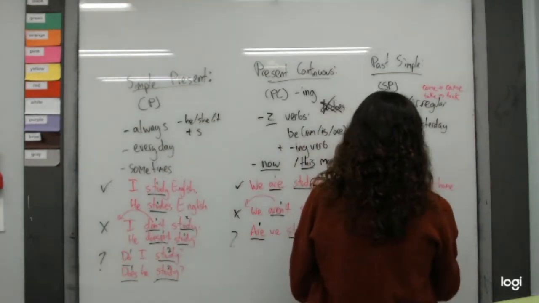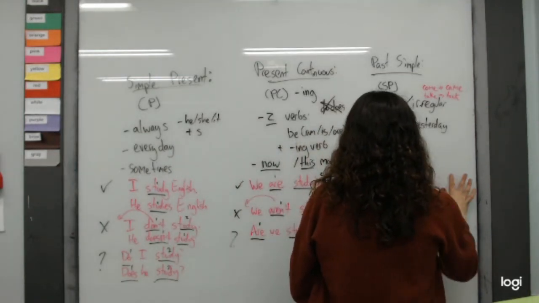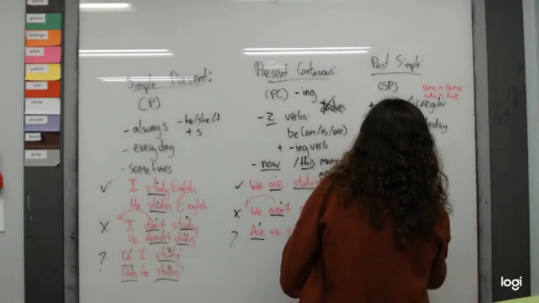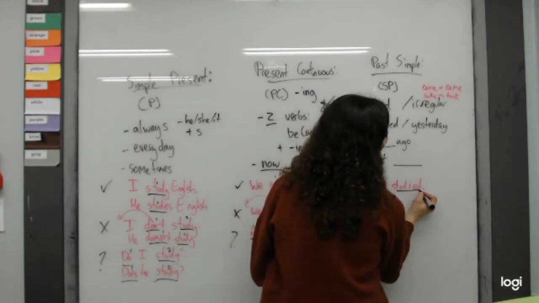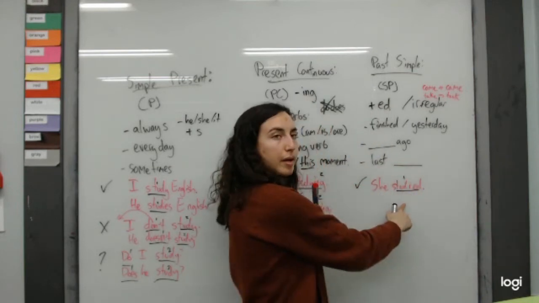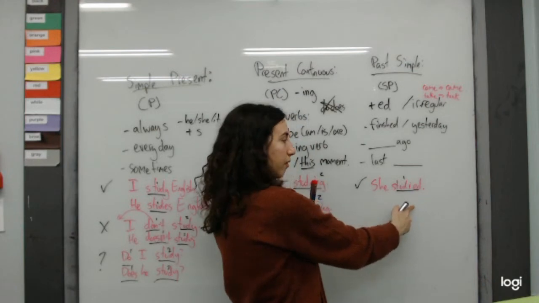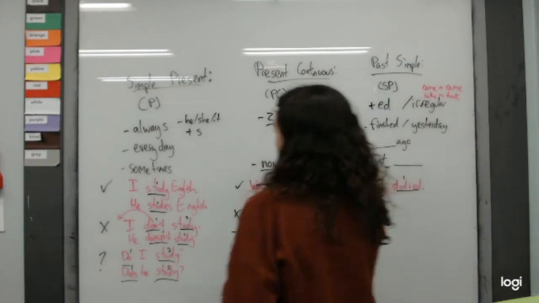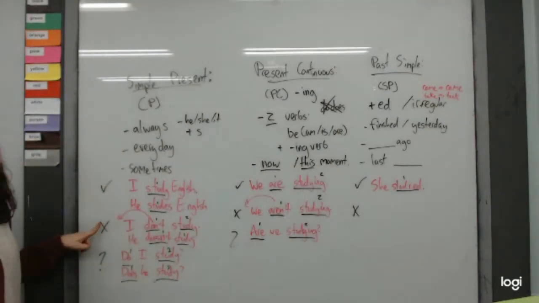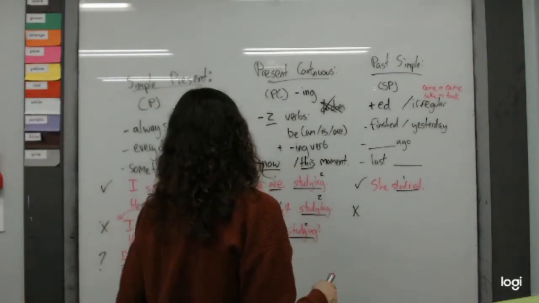Oh, let's change it to study because this will be good with our other ones. She studied. This one, for one yes sentence, we have one verb, past tense verb. And then, for no sentence, we can take simple present to past simple and make it a no sentence.